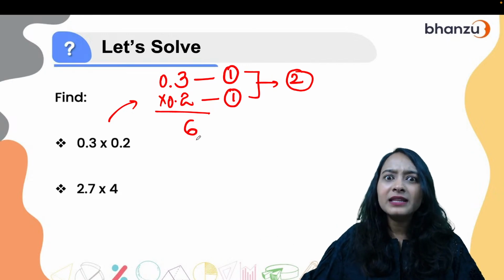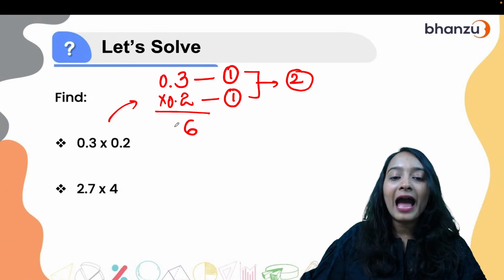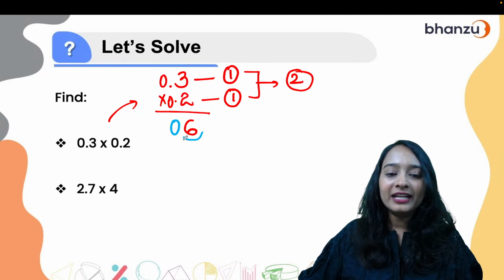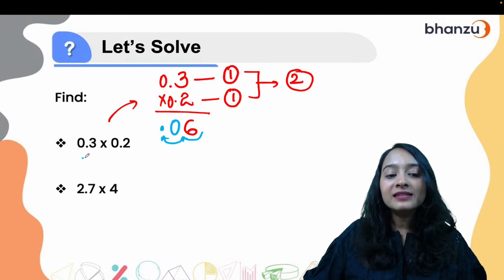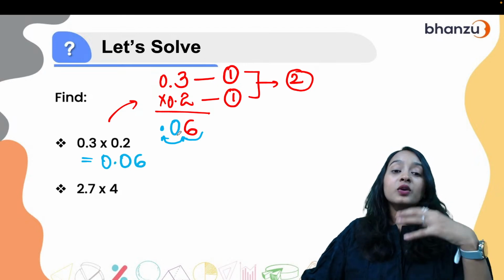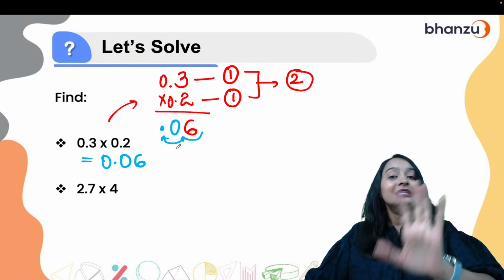But here there's only 1 digit. What do we do? So we are going to add a 0, to make it look like 2 digits. So we leave 2 digits and a point. So the answer for this is going to be 0.06. So when you don't find another digit to leave, we place 0 instead.